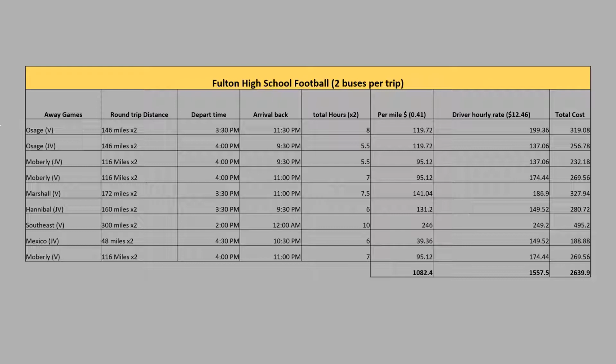Here you're looking at total hours. You'll notice here in parentheses I have times 2. Under this first column, the Osage varsity game, total hours is 8 multiplied by 2, so it is actually 16 total hours because of the 2 buses that they take with them.